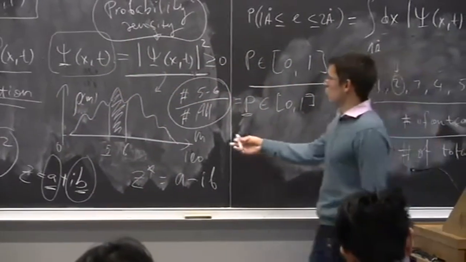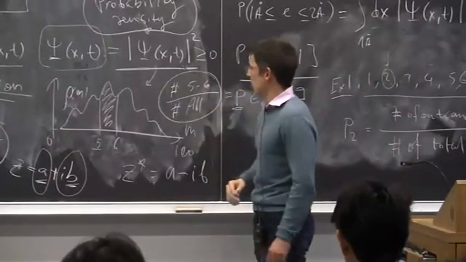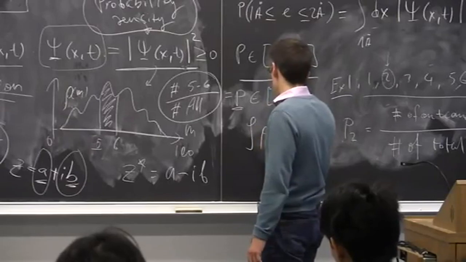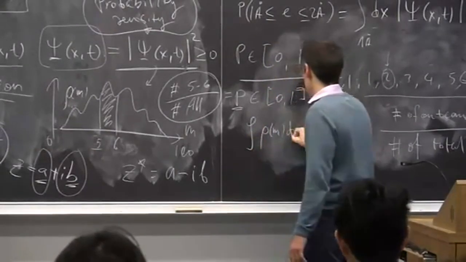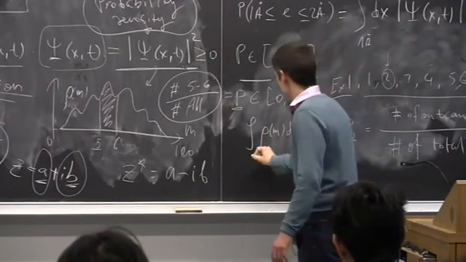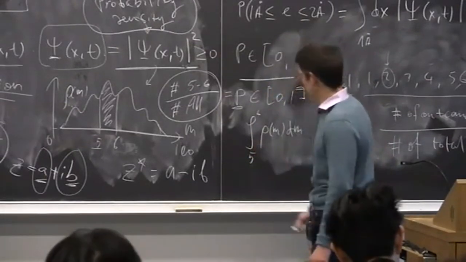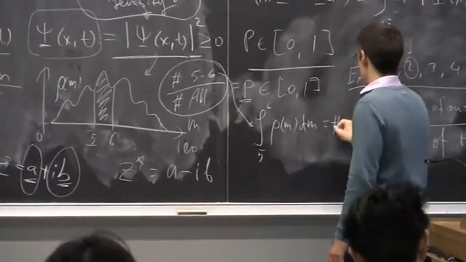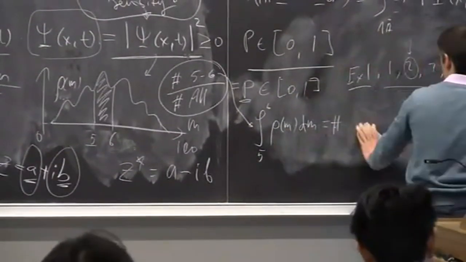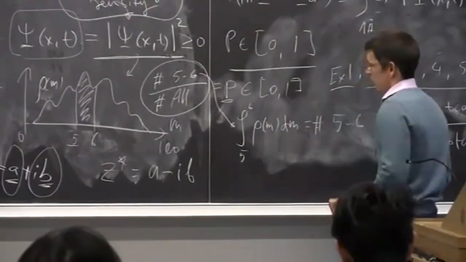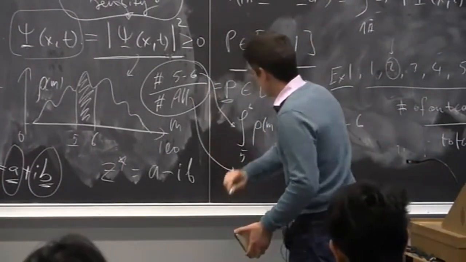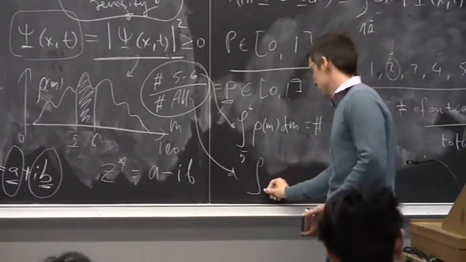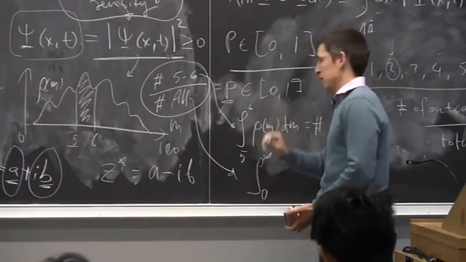So what do we do to get the number of watermelons between 5 and 6 kilograms? It's the integral of rho of m, dm, integrated over mass from 5 to 6. And how do we obtain the number of all watermelons? For that we just integrate from 0 to potentially infinity.